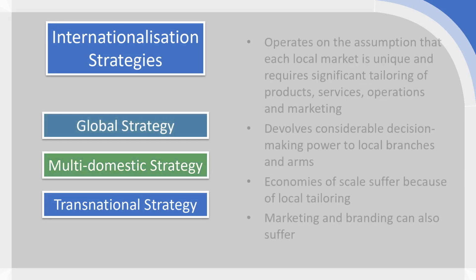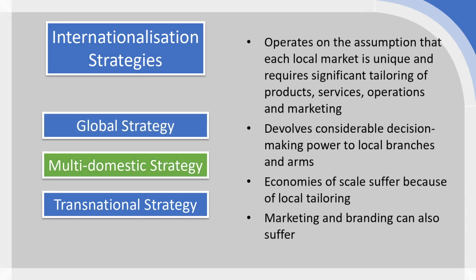So if we move on to the second, which is the multi-domestic strategy, and this is very much on the opposite end of the scale to a global strategy. So here, instead of trying to really unlock the benefits of global scale and efficiency, with a multi-domestic strategy, we're focusing on each individual local market, and we're tailoring as much as possible our products, our services, marketing, operations, everything to that local market, to local tastes and preferences.